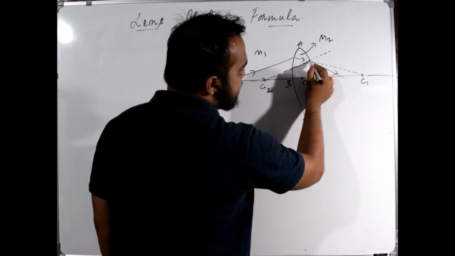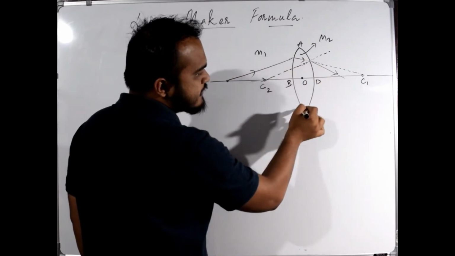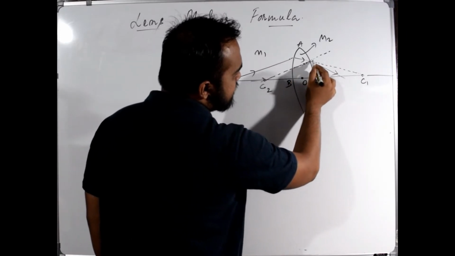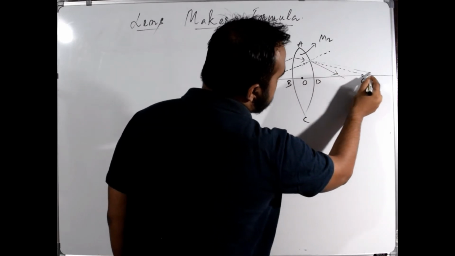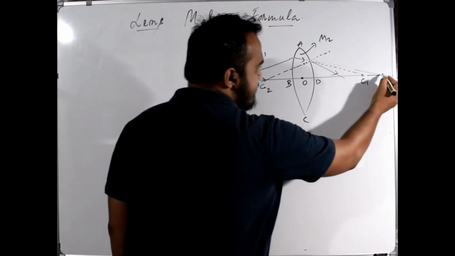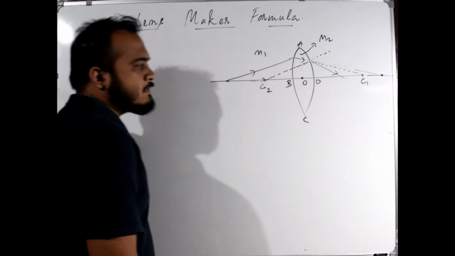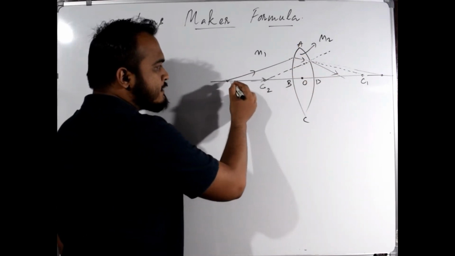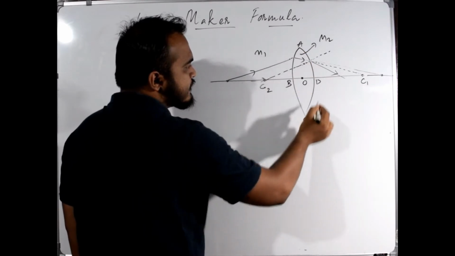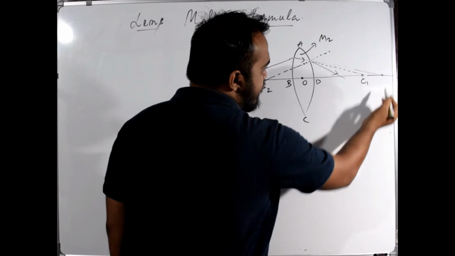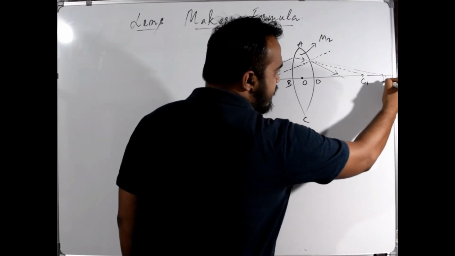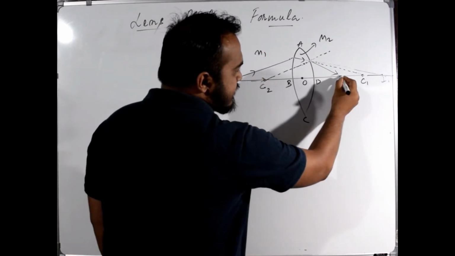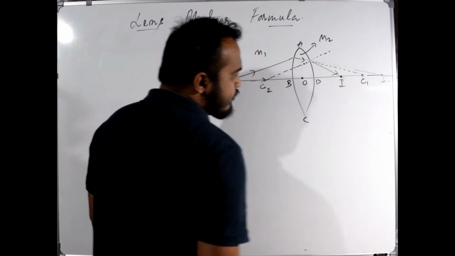In that case, after refraction, this ray will meet the principal axis at this point. Let us say this point to be I1.